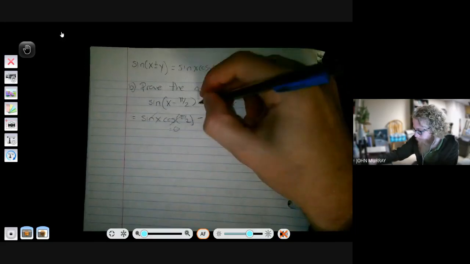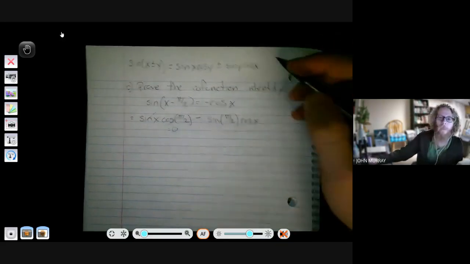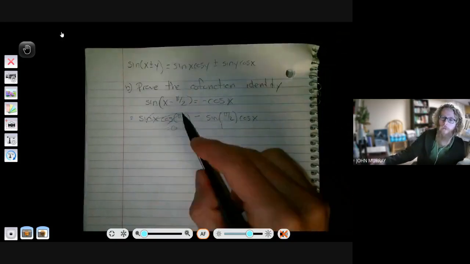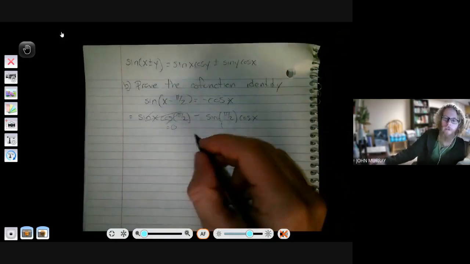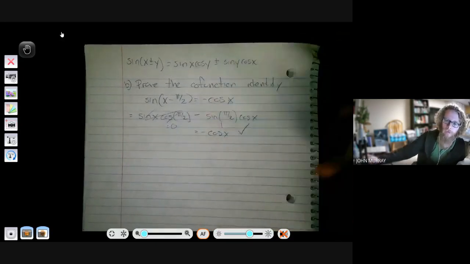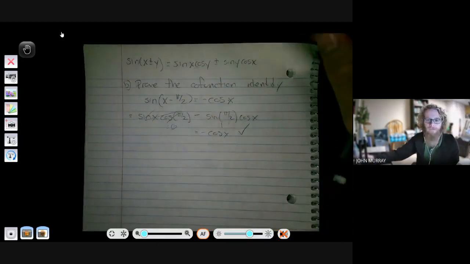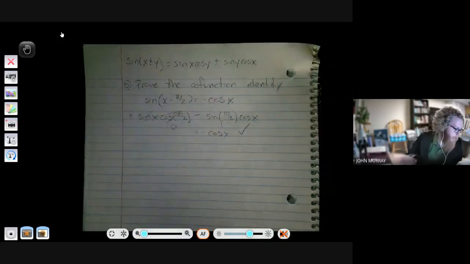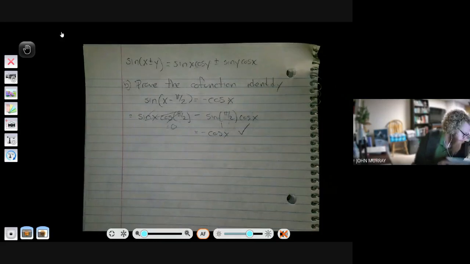I missed that. This gives us 1. So all of this is gone, and I'm just left with negative cosine. All right, so we just proved the identity.